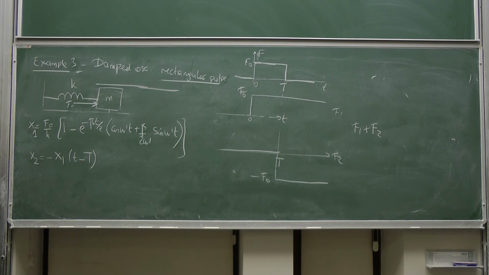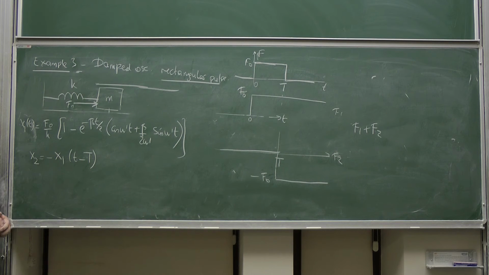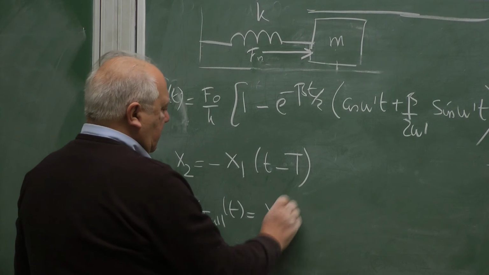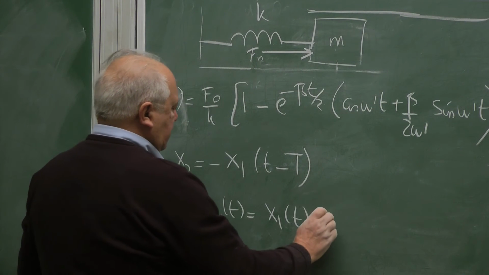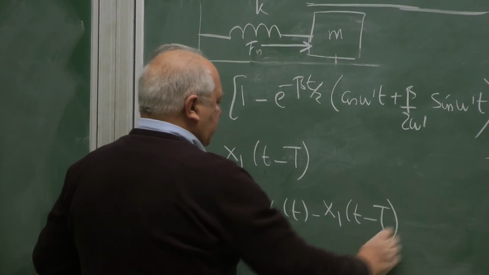So, I consider only the positive times, that is, times from 0 on, meaning t larger than t0. So x of t, the full solution, x full of t is x1(t) minus x1(t minus t0).